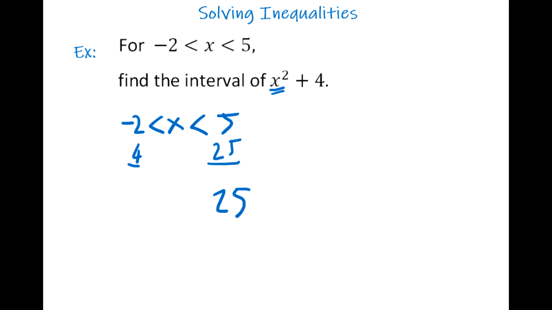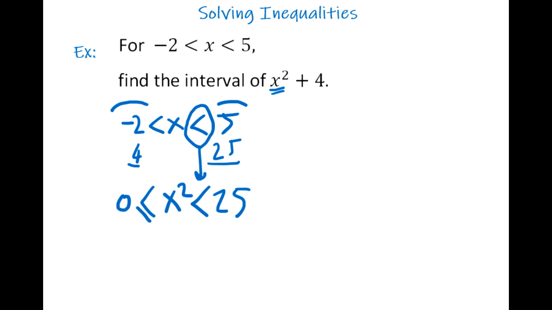And on the 25 part, there is no equal sign, so I'm going to write down that symbol as it is. And I'll put here x squared. Here, because one side is negative and the other side is positive, always put 0 in such cases, and there's going to be an equal symbol as well.